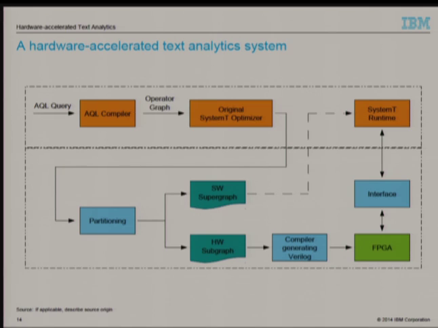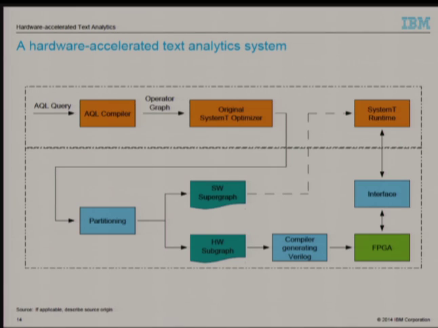So here on top, you can see the original System T compilation flow and execution flow. But in this case now, we take the operator graph, how it is coming out of the optimizer, and attach our acceleration framework on the very bottom.